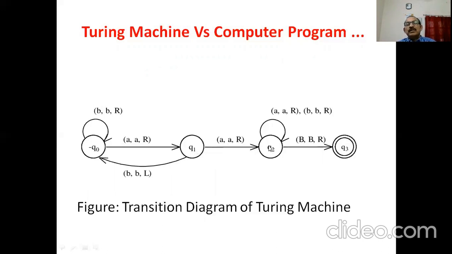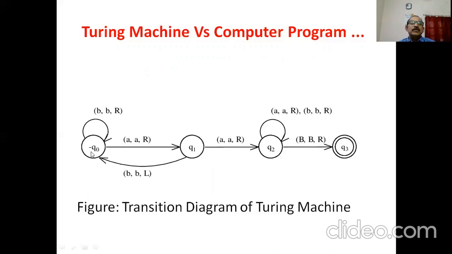The input word is AA. Now here you can see the next symbol is a capital B, which means the input string is exhausted. And where is the machine? At state Q2. Input is B, replace this B by B and move in the right direction.